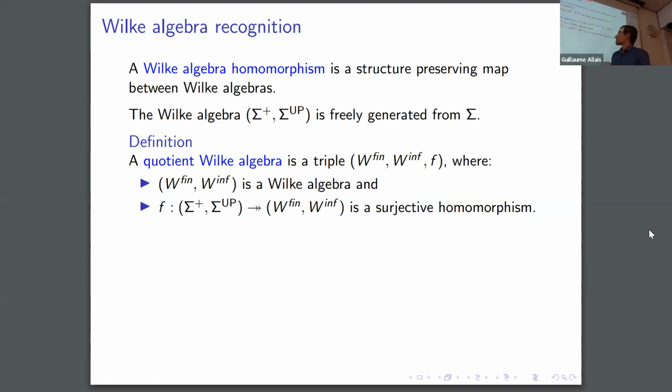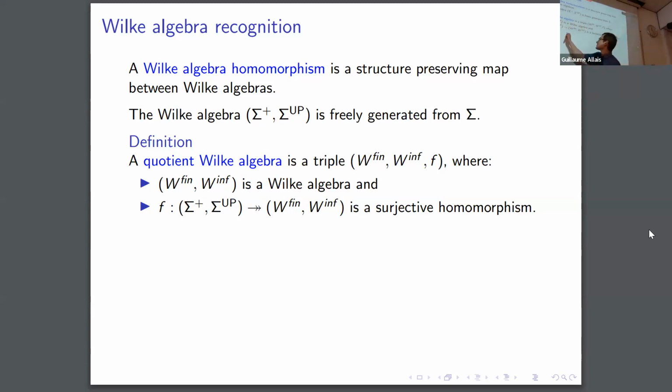And then I noticed that this algebra here, sigma plus, sigma ultimately periodic, so these are the non-empty finite words and the ultimately periodic words over sigma, is actually the freely generated Wilke algebra from the alphabet sigma. And now I work with this notion of a quotient Wilke algebra, which essentially is a quotient of the free Wilke algebra.